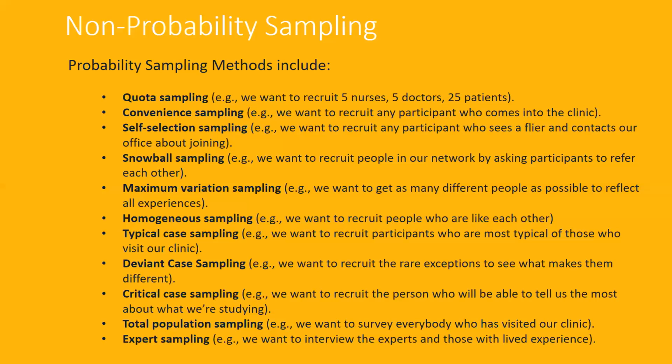Snowball sampling is where you rely on the social networks of people. A modified version of snowball sampling is called respondent-driven sampling, and respondent-driven sampling actually uses a statistical weight to infer something about the network based on the pattern of recruitment among individuals, and it adjusts for people's network size, because if you have a larger social network, you're more likely to get recruited into a snowball sample.